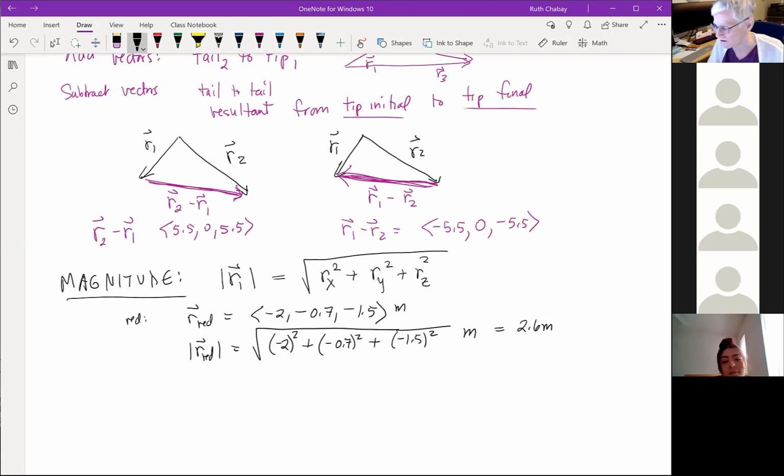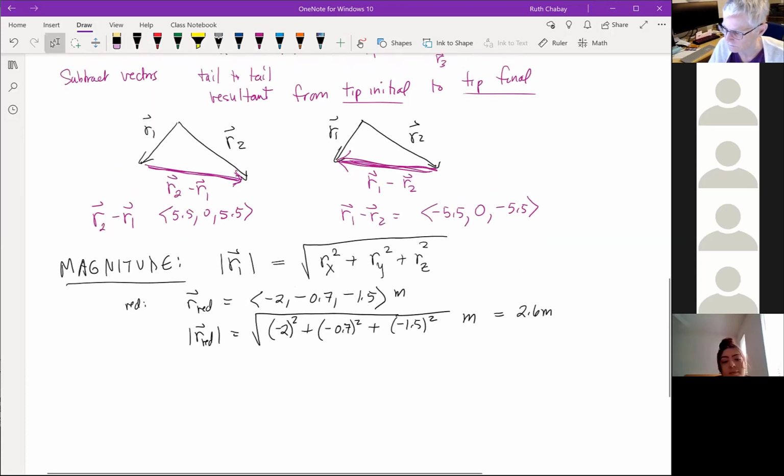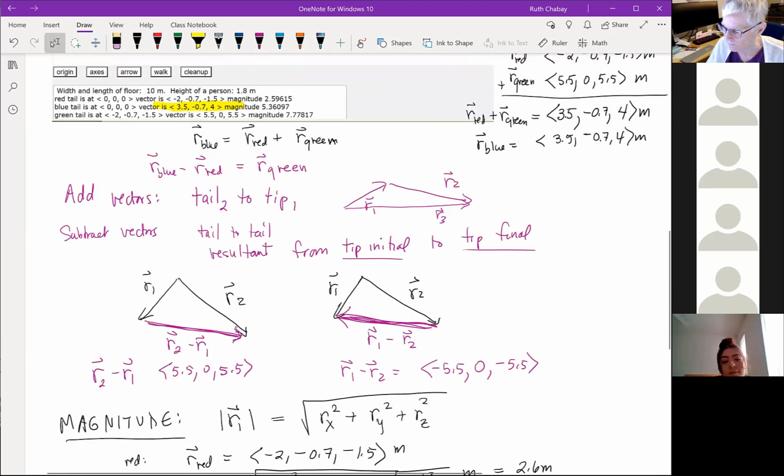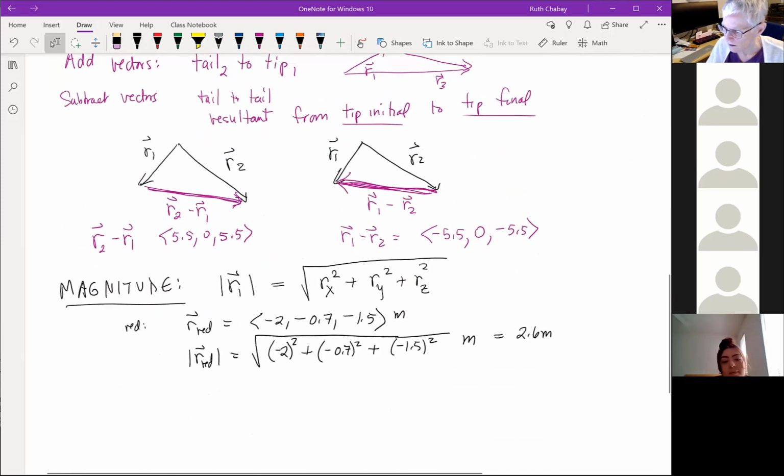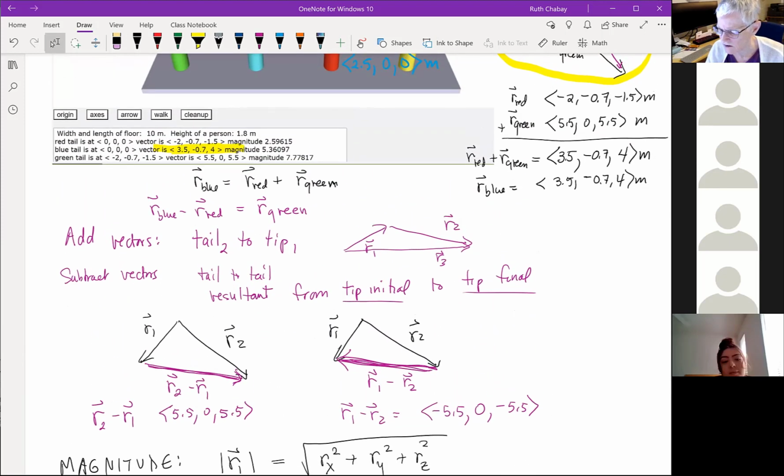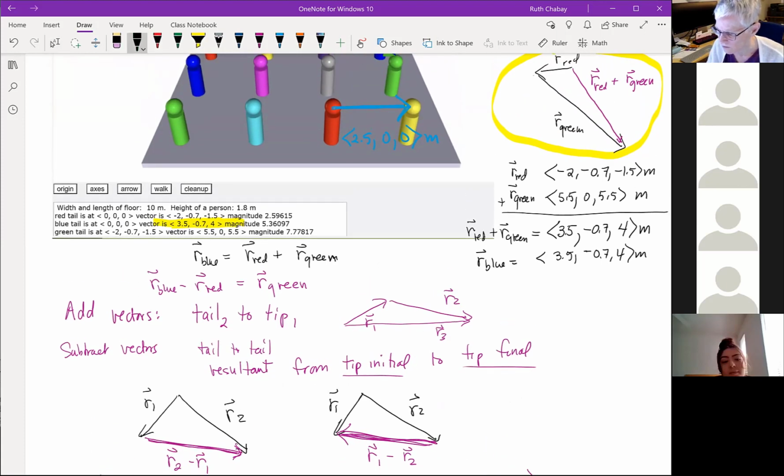Now, can we add magnitudes? Well, let's look at what we've got here. We saw that up here, the blue vector was the sum of the red vector and the green vector.